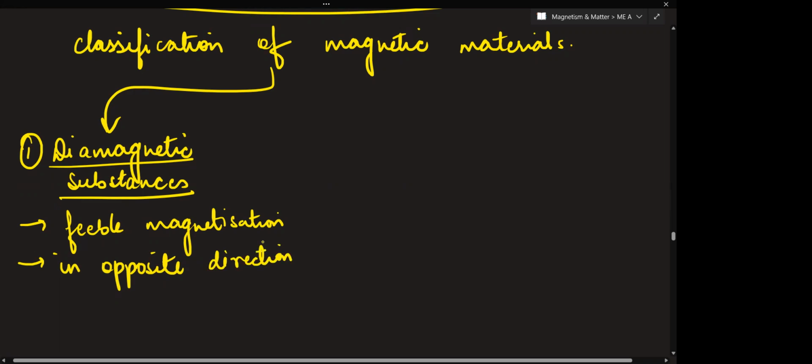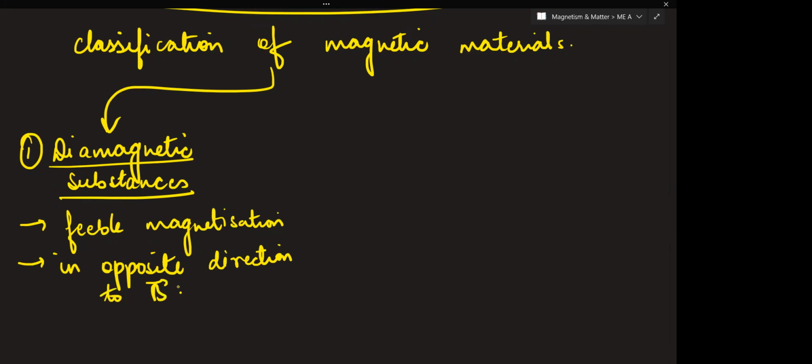Opposite to what? To the magnetic field. So they develop magnetization in the opposite direction, and the magnitude is also very feeble. And they are repelled weakly by magnets.